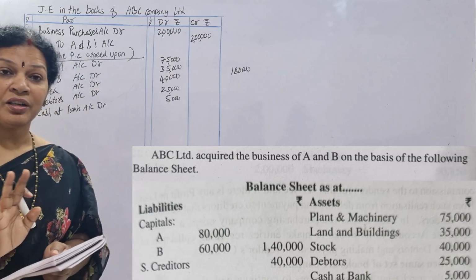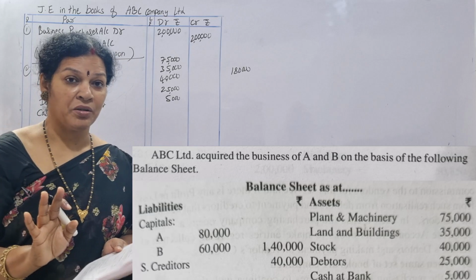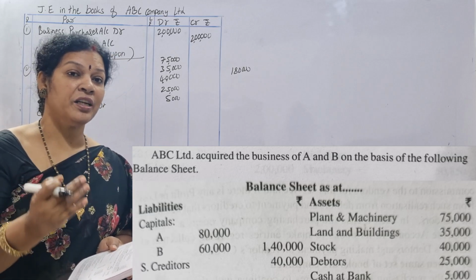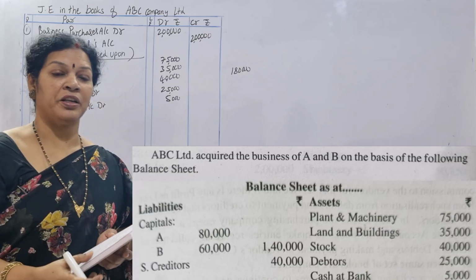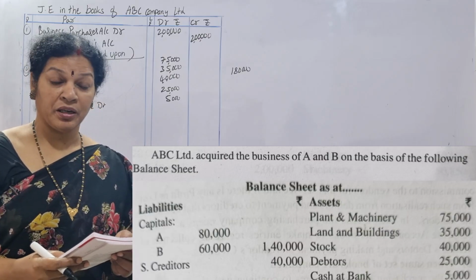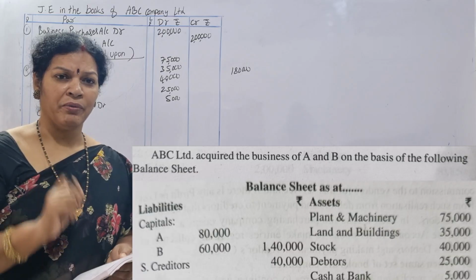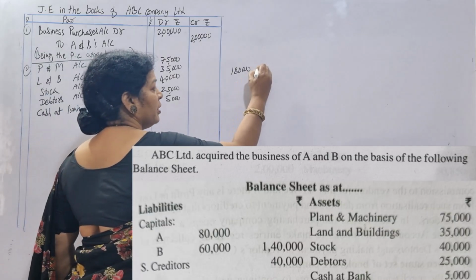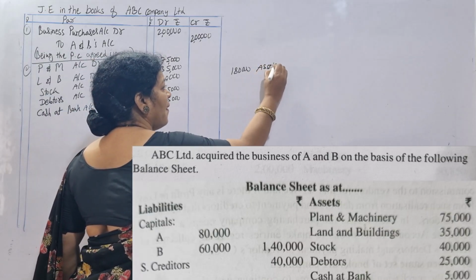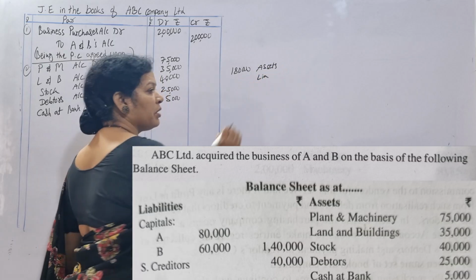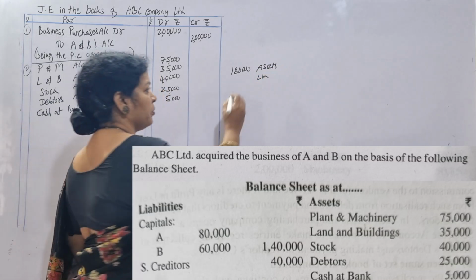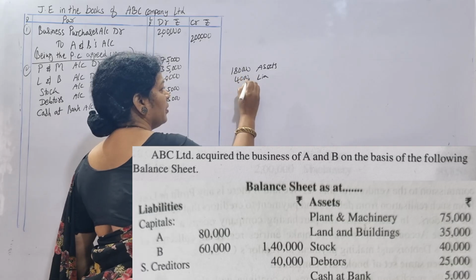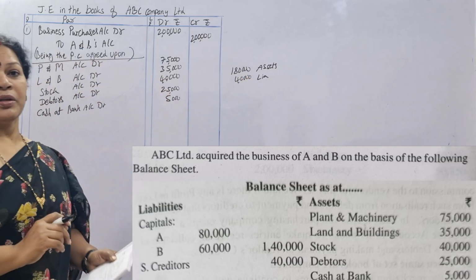Liabilities: you will not touch the shares. Apart from the shares, any other liabilities that are there, those liabilities we are taking. Here, apart from share capital, we have only one liability, that is creditors. Creditors amount is 40,000.